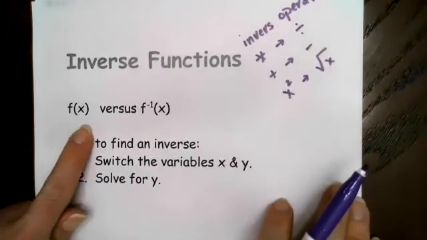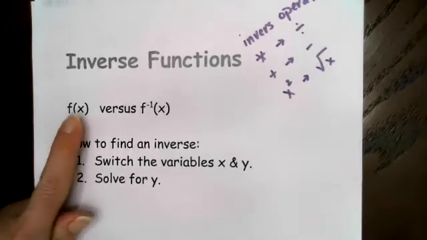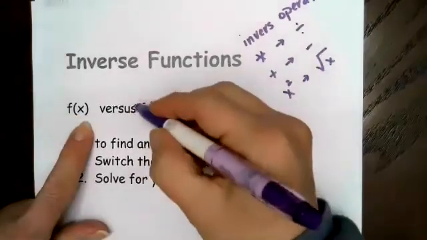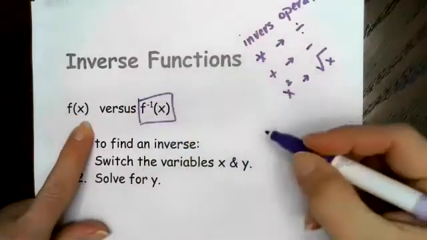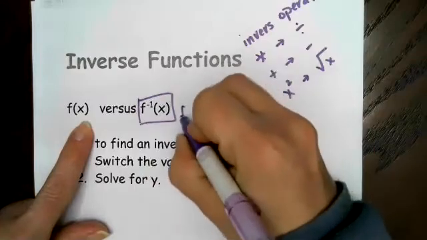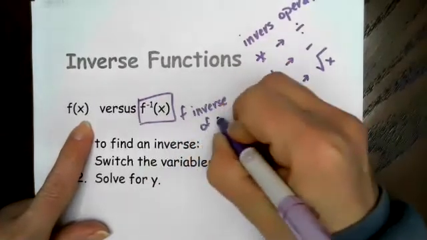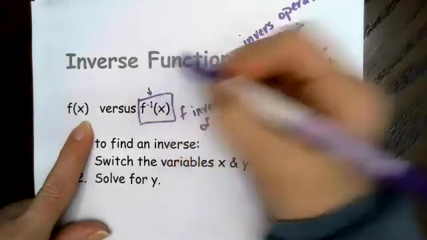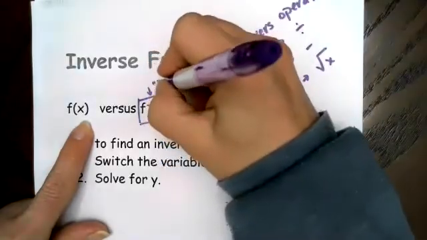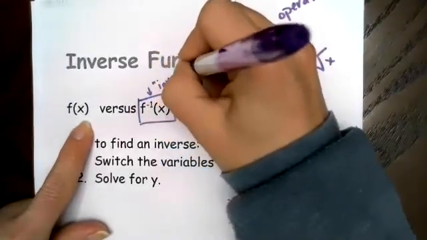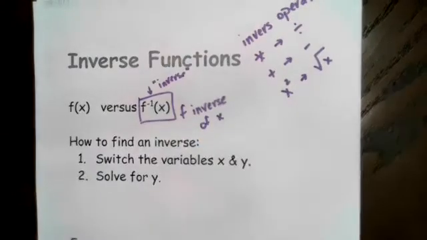So notation, if I start with a function of f of x, this is how I write the inverse. So I read this as f inverse of x. So this negative 1 is the word inverse, which is to do the opposite.